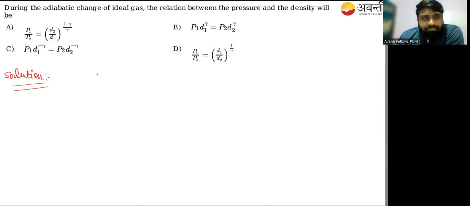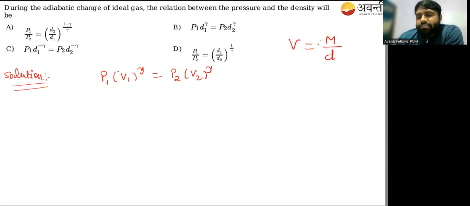We know that for an adiabatic process, P1 V1 raised to the power gamma equals P2 V2 raised to the power gamma. Now we know that volume is nothing but mass upon density. Mass is something which is always constant.